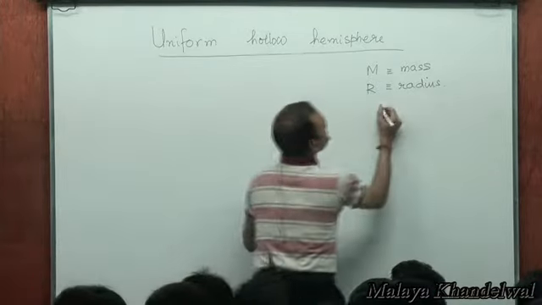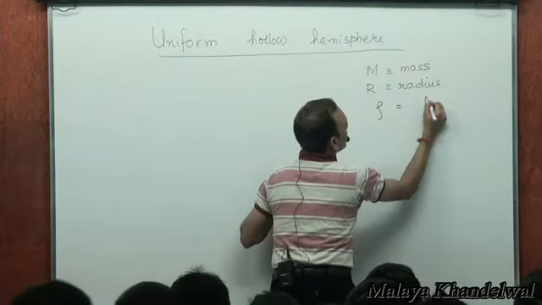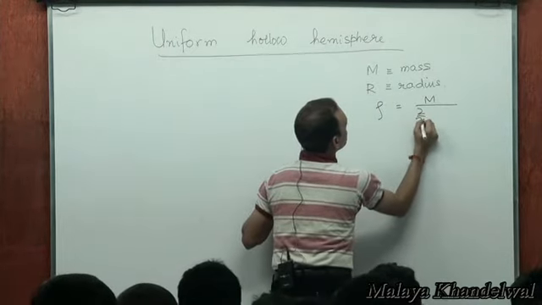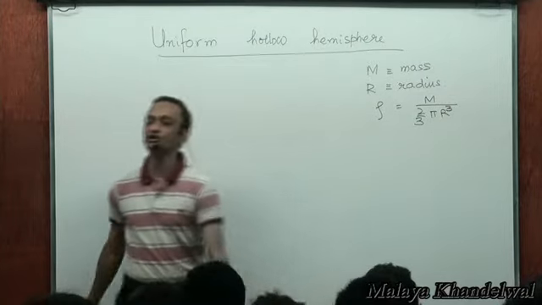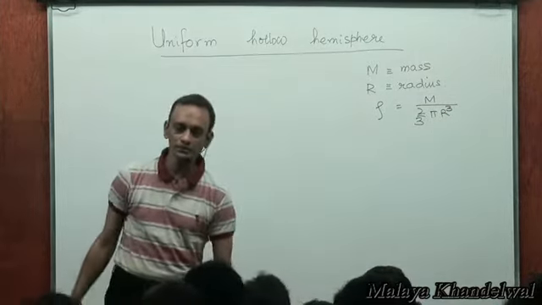That means mass per unit area is m by 2 pi r squared, right?